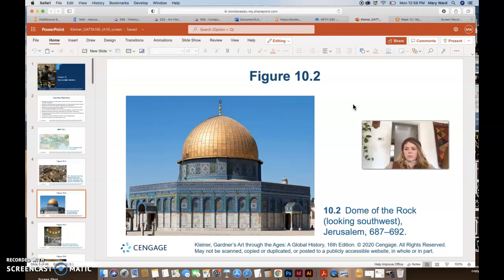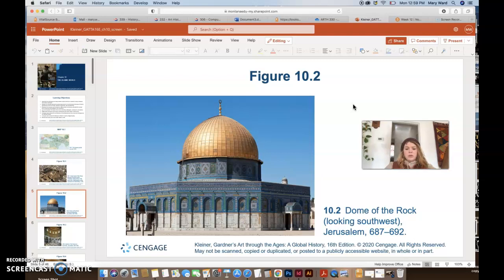So the first one we'll talk about is the Dome of the Rock, and this is in Jerusalem. And it was actually captured from the Byzantines in 638 by the Muslims, and the first great Islamic building was erected there between 687 and 692 by the Umayyad Caliph Abd al-Malik. Kind of hard to say.